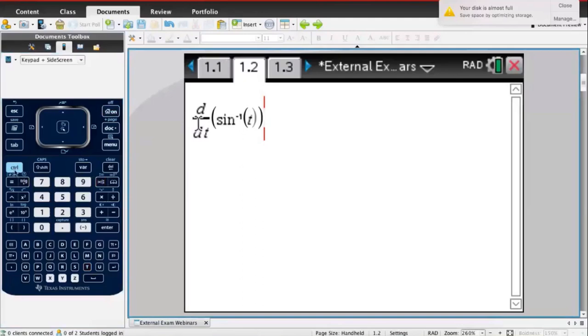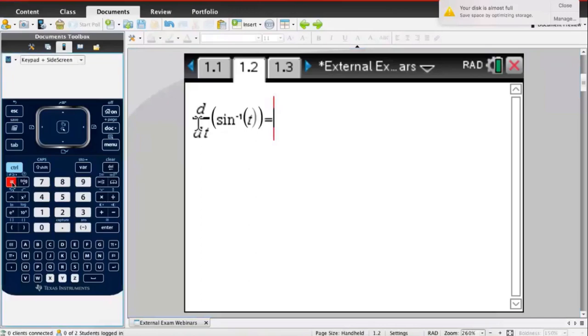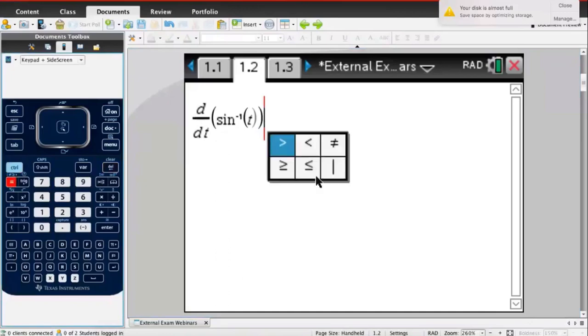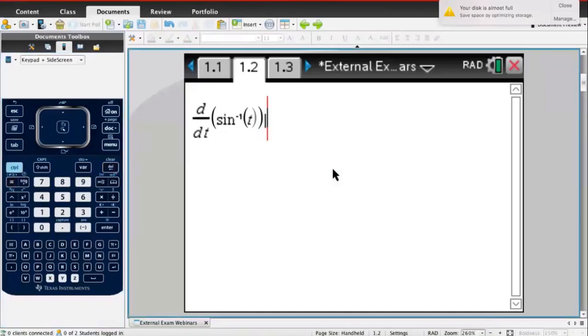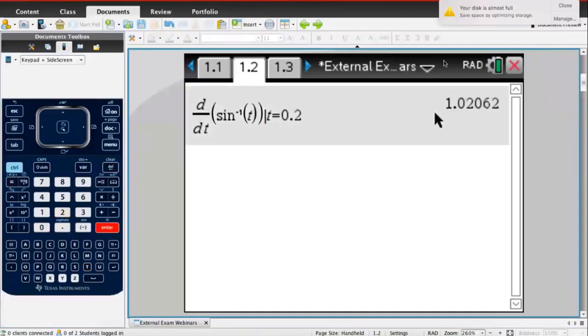So this command here, control and equals, we need this vertical line here to put in t equals 0.2. So this will find the derivative when the time is 0.2. Enter that, and you can see the answer is 1.02 meters per second squared.